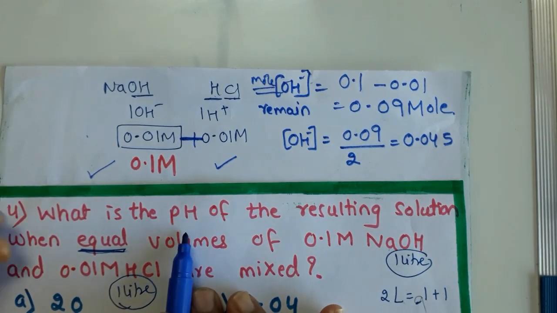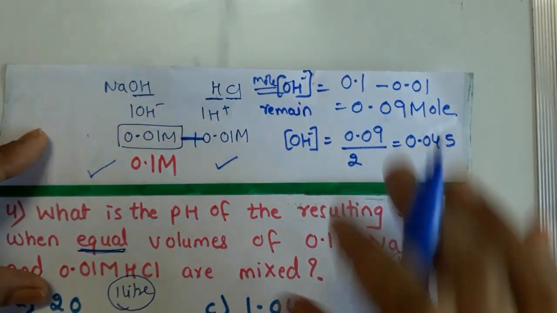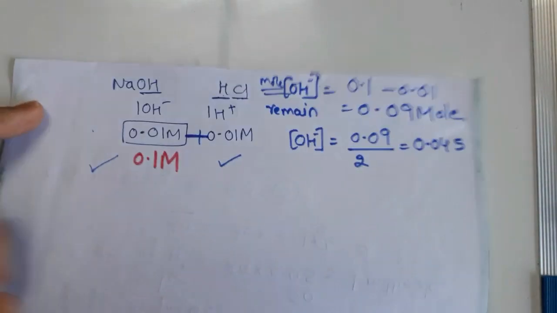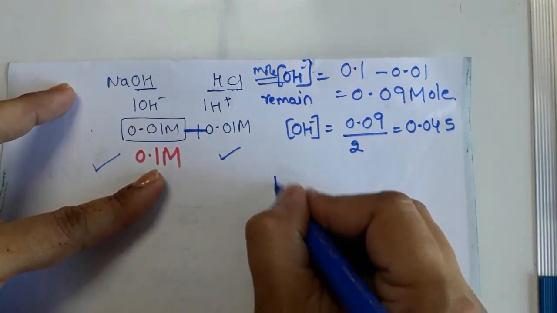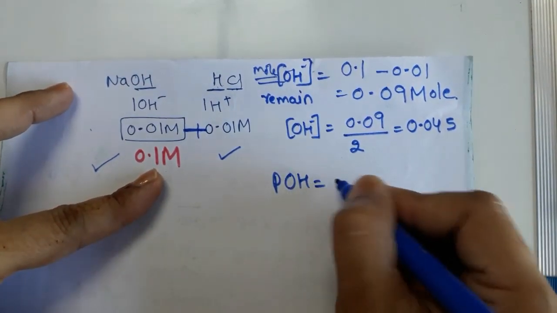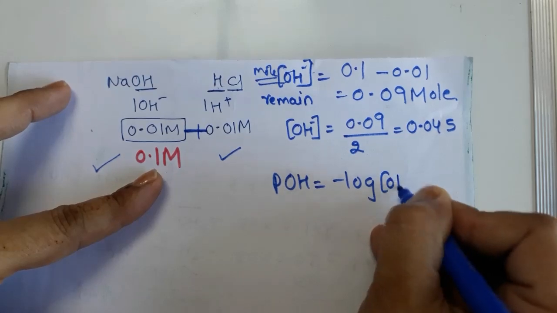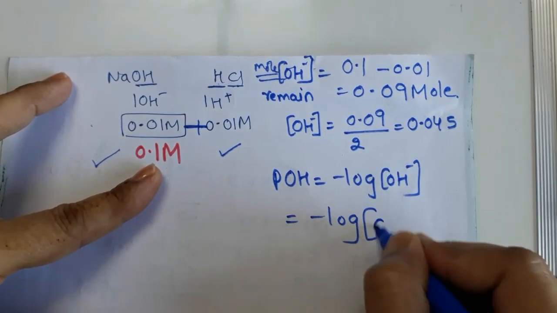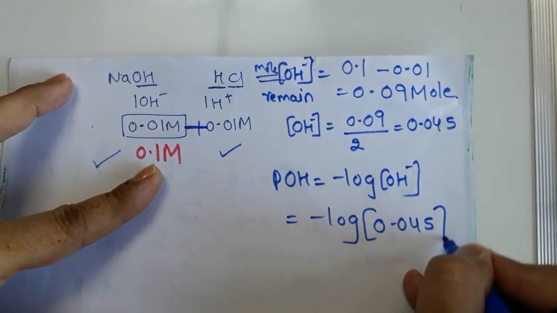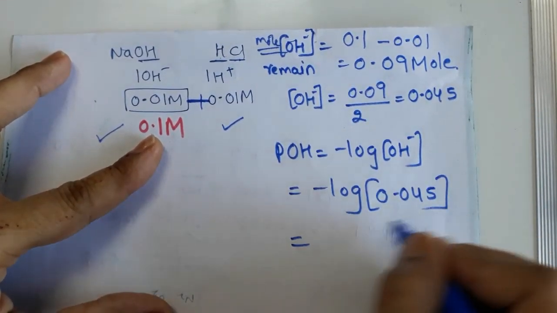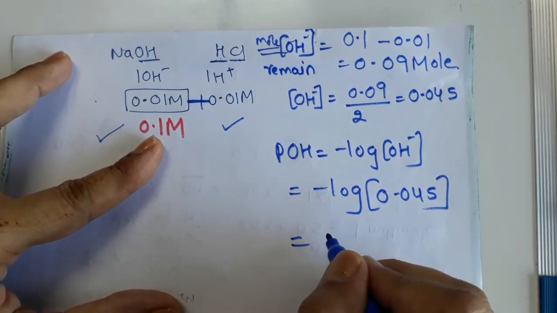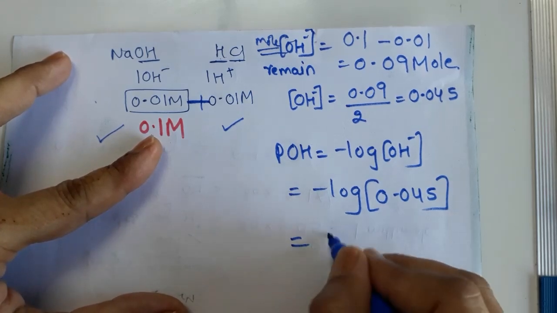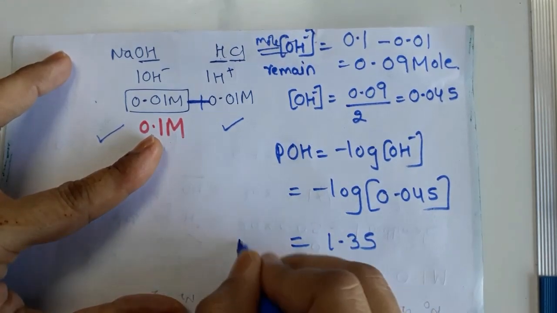We have to find out pH. Using the OH value, pOH is equal to minus logarithm of OH minus, minus logarithm of 0.045. Fine. When you find the logarithm, the pOH value you will get is 1.35.